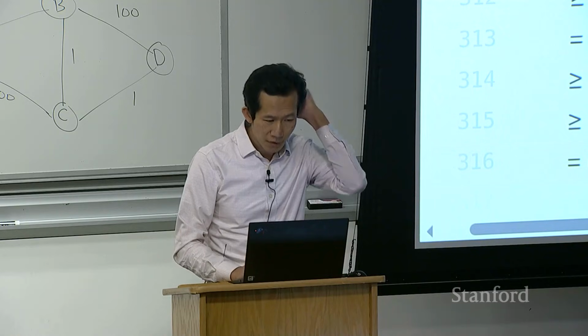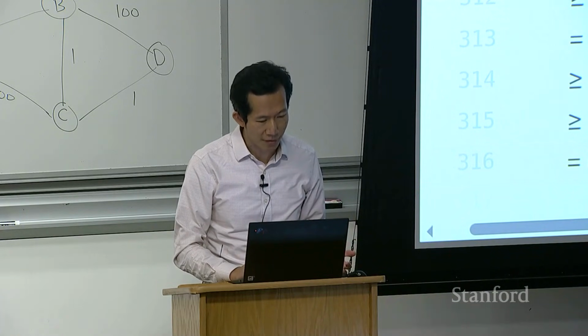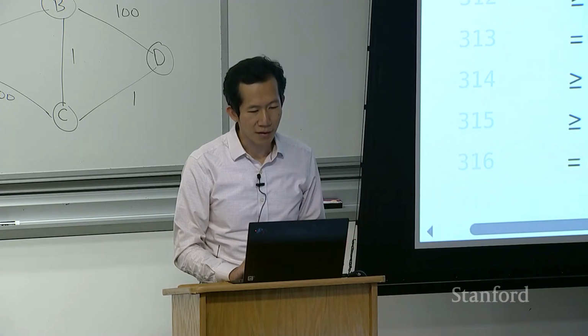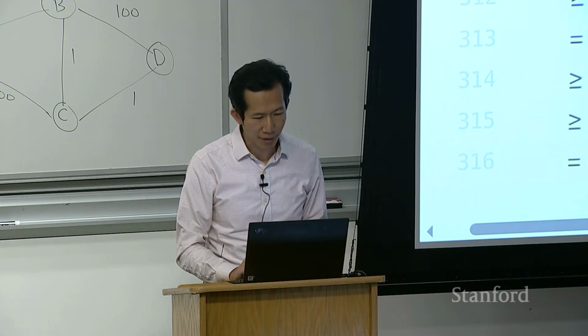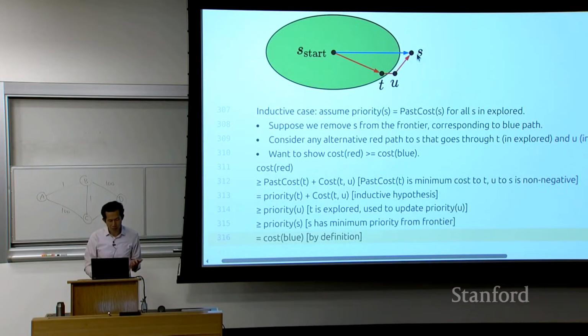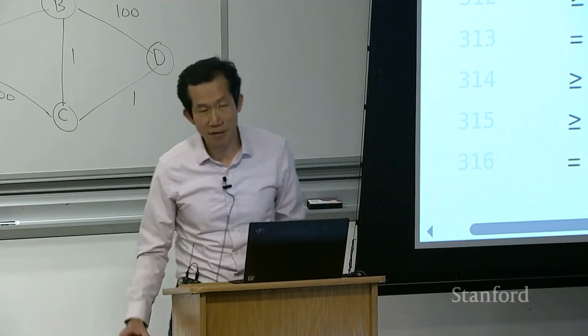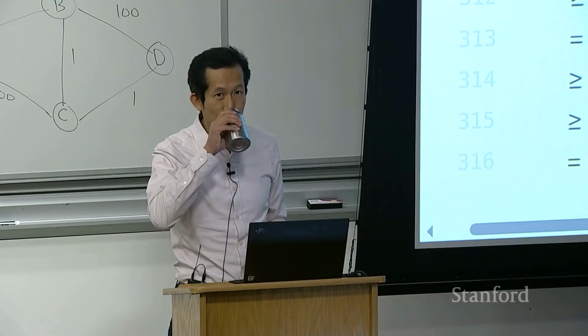Okay? So I've shown that the cost of the red path is at least equal to the cost of the blue path, and this holds for all red paths. Therefore, priority of S is equal to the past cost of S. Okay, any questions? I'll pause a moment there.